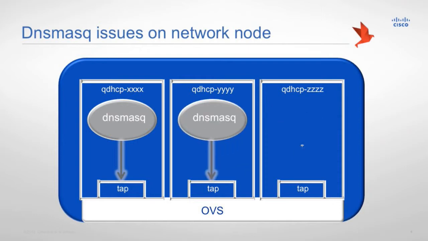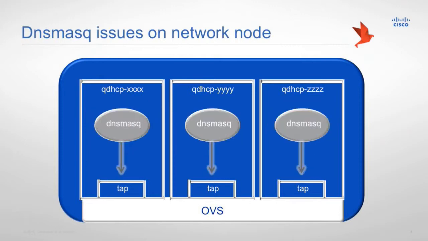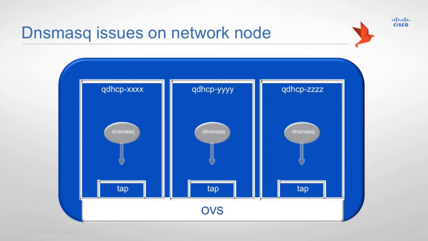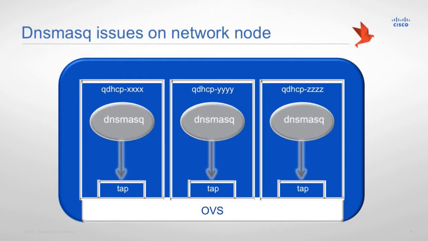So if you have an orchestration script like Ansible or Puppet that's creating a lot of ports and networks, one after the other, without much time between the creation, then this is how it's going to look. They all keep reloading as their ports are created, and that's okay with three networks.